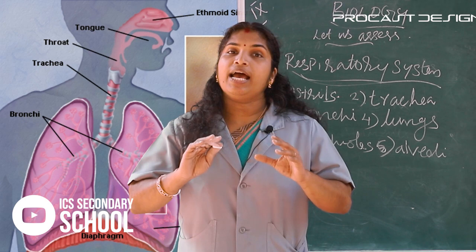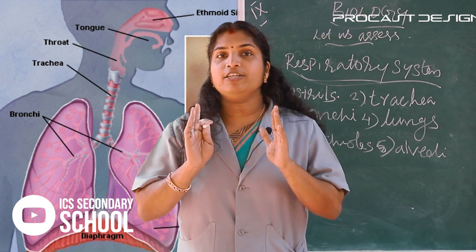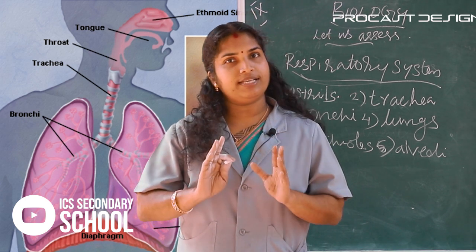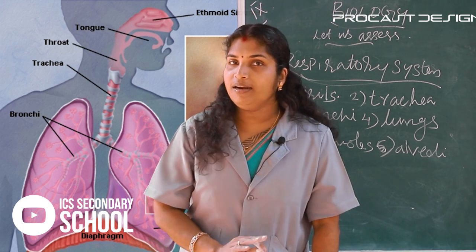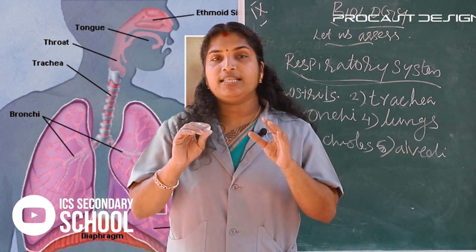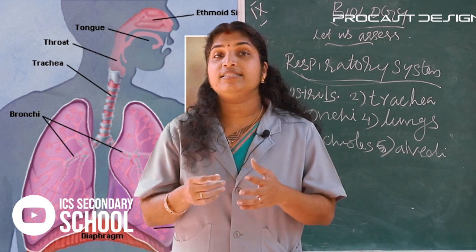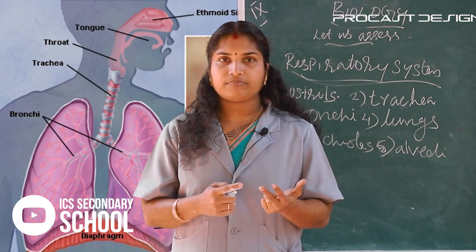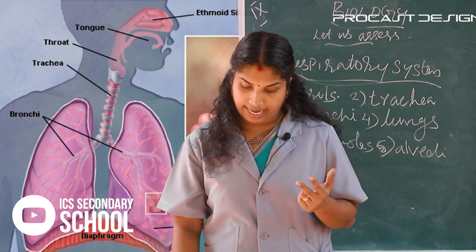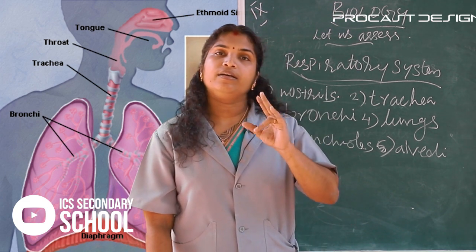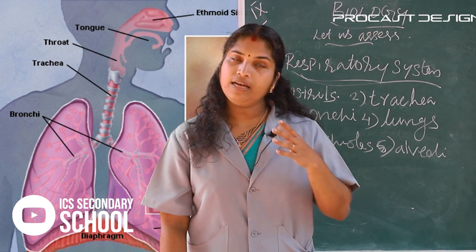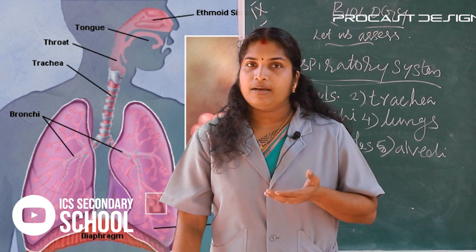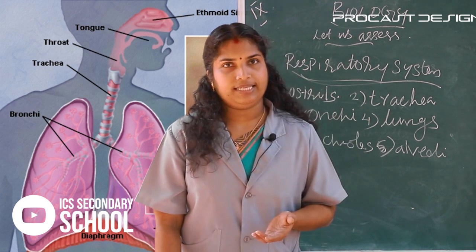Our respiratory system is present in the thoracic cavity. The other organs present in the thoracic cavity are the heart and lungs.